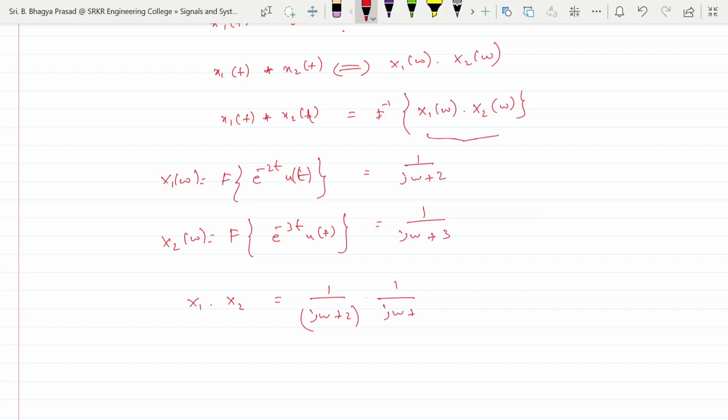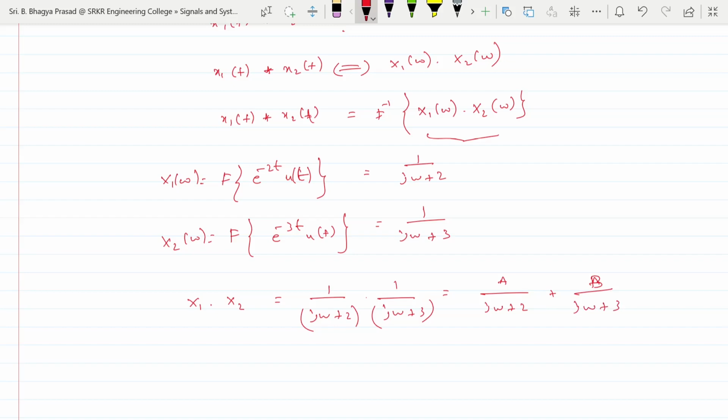Now let us multiply both of them: x1 x2 is 1 by (j omega plus 2)(j omega plus 3). We go for partial fractions and use the cover-up method: A by j omega plus 2 plus B by j omega plus 3.